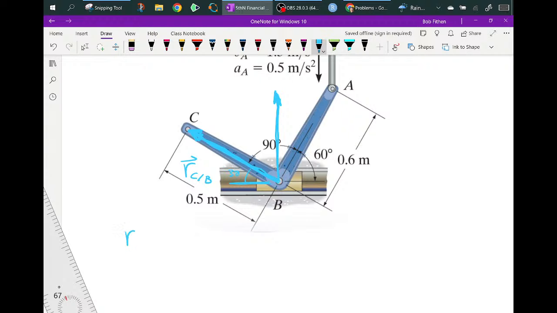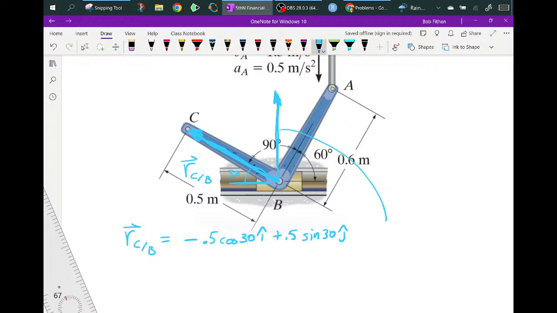So R CB is going to be minus 0.5 cosine 30 I plus 0.5 sine of 30 J.